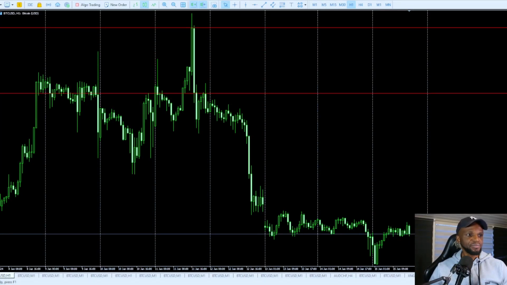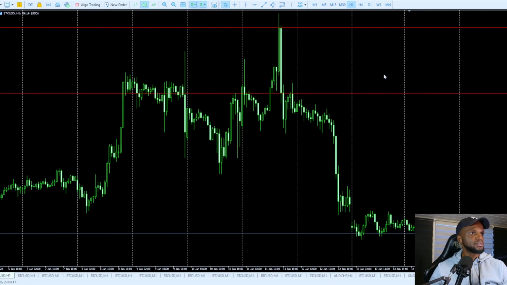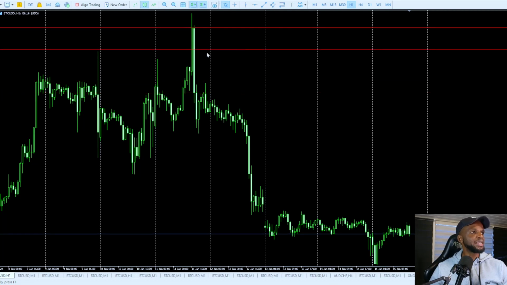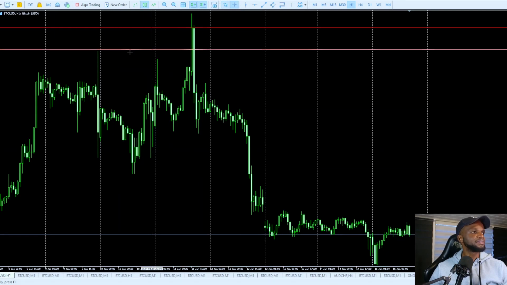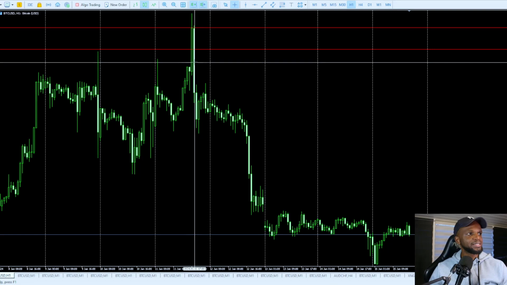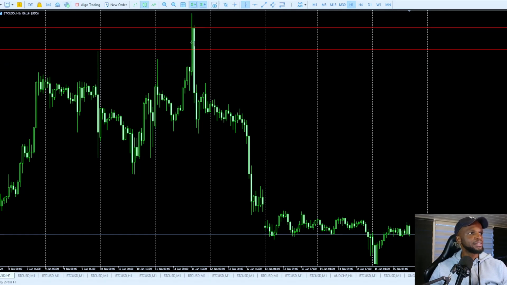Okay, so let's say I looked at the chart here and I looked left. Let's say I was at this point where this vertical line is. So let's say I hadn't seen all this data to the right of this vertical line.